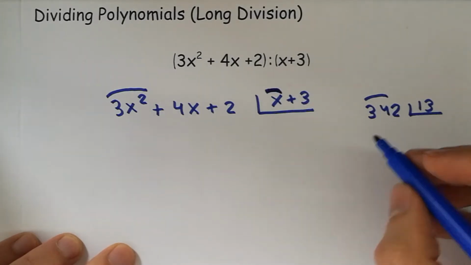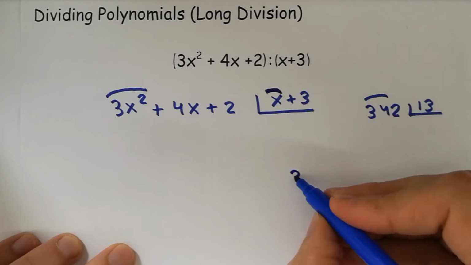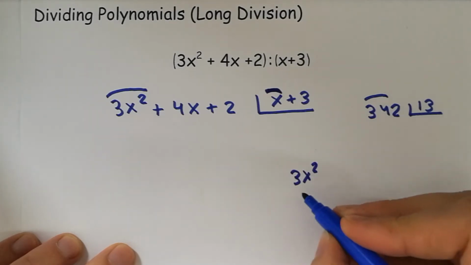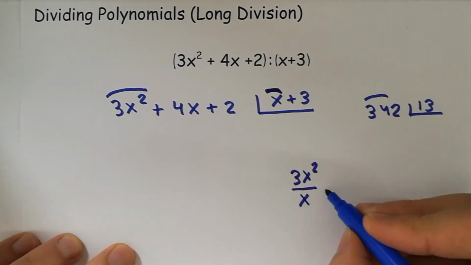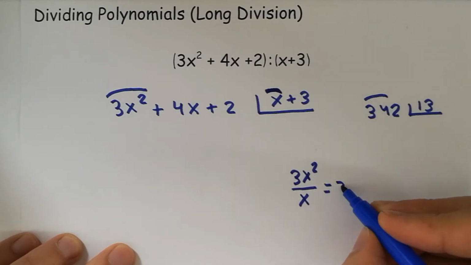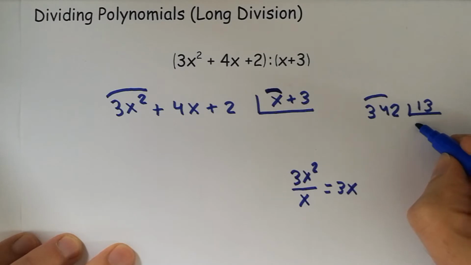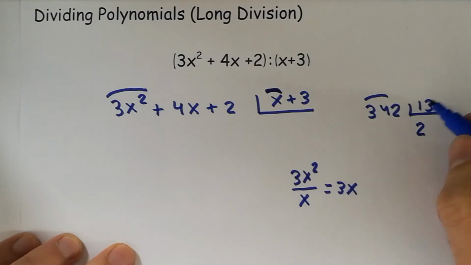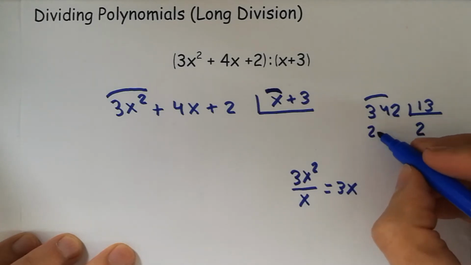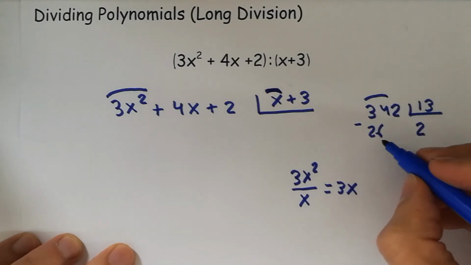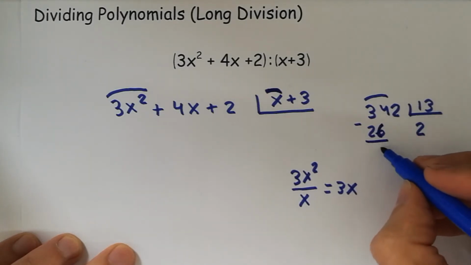So we start to divide: 3x squared divided by x is 3 times x. Here we have 2, and we multiply 2 by 3 to get 6, and we subtract, we get 8.